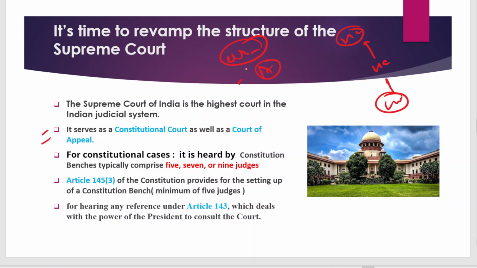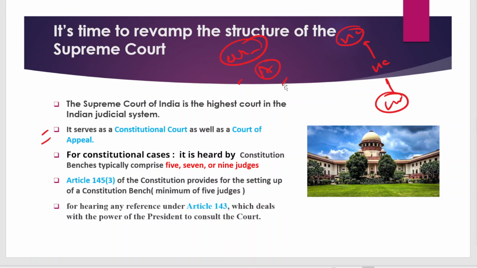And we have the appellate jurisdiction, where if a person is not satisfied with the judgment of the lower court or the high court, they can appeal to the Supreme Court. Even the state government appeals to the Supreme Court against judgments from the high court. Appellate means appeal done in a higher court.